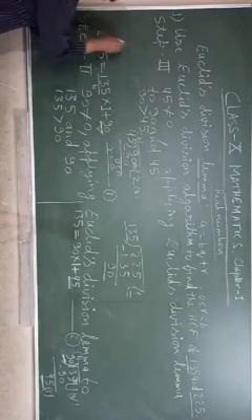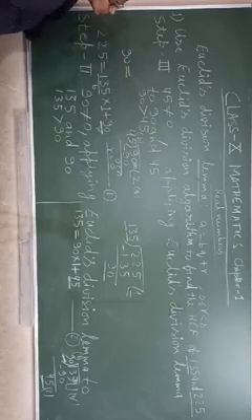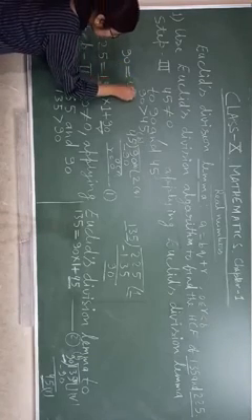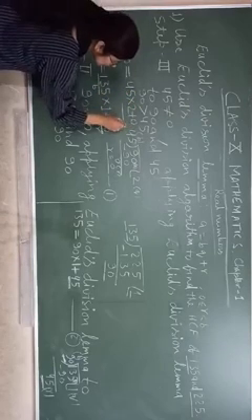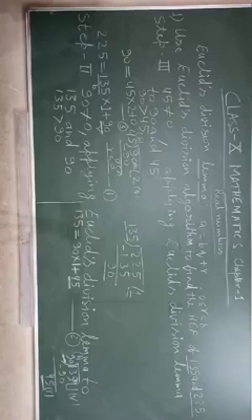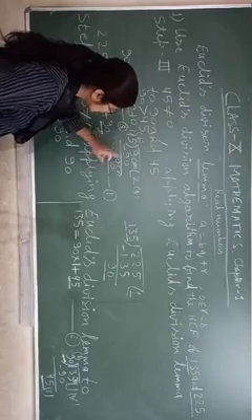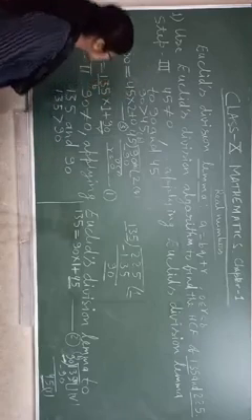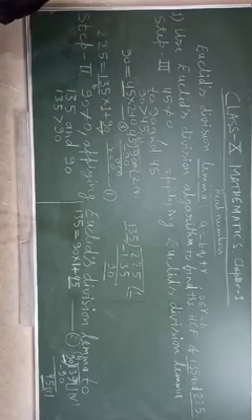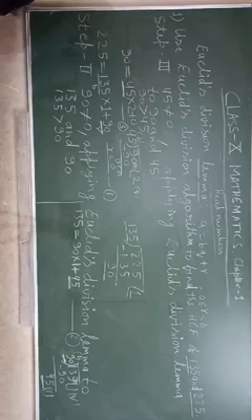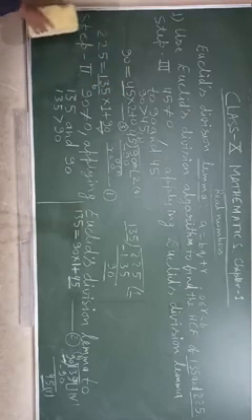So what will we write here? 90 equals 45 times 2 plus 0. When we are dividing by 45, the remainder is coming 0. So 45 is our HCF. 45 is the HCF.